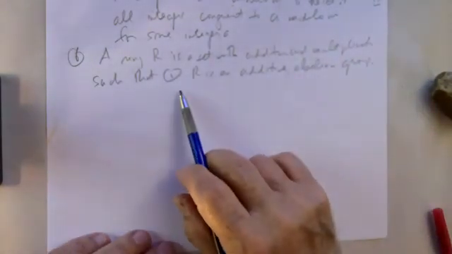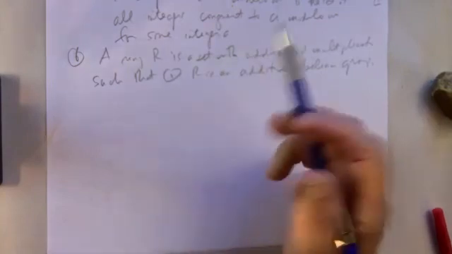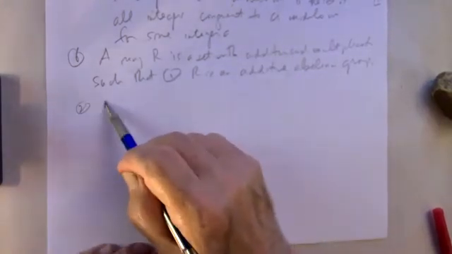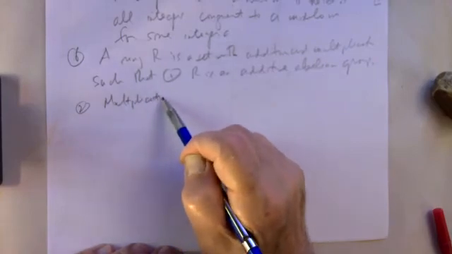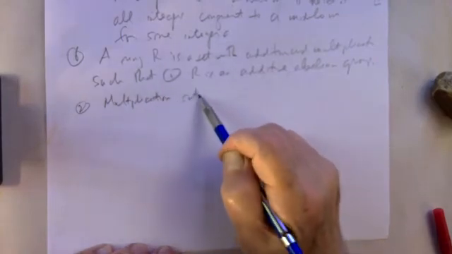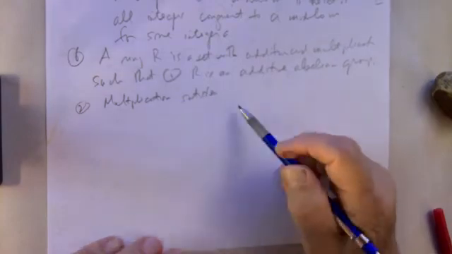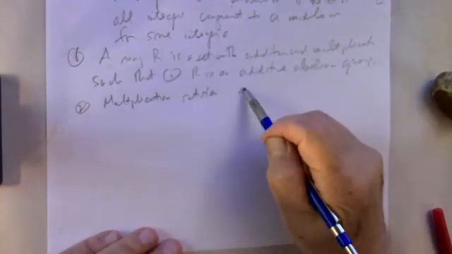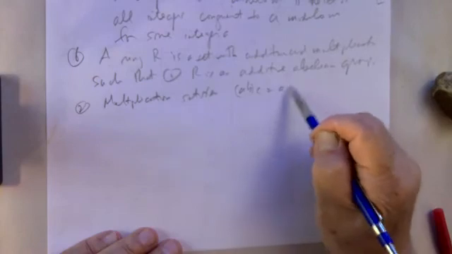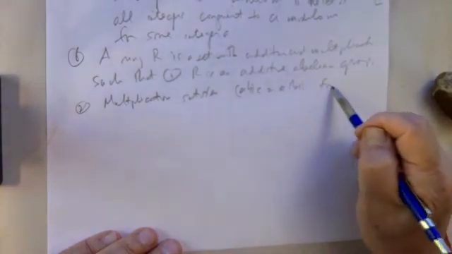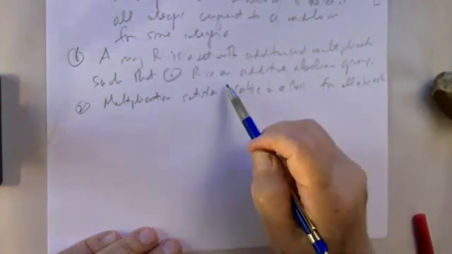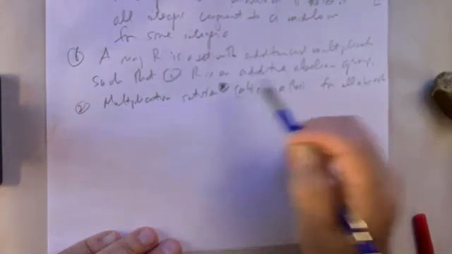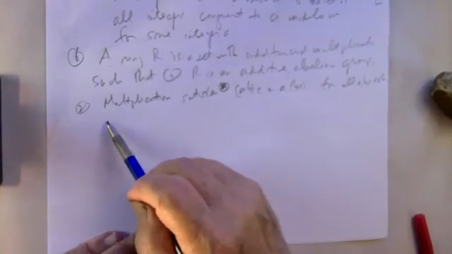That means with respect to addition, R is an abelian group. Multiplication satisfies the following properties. A times B times C is A times B times C for all A, B, and C in R. So it's associative.